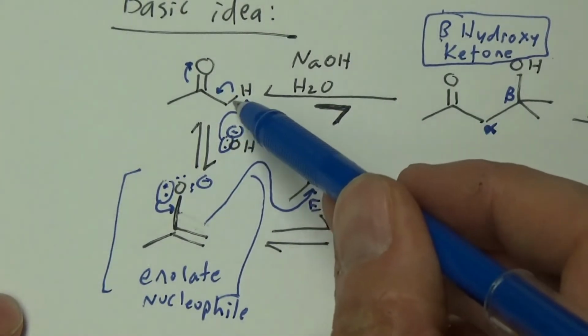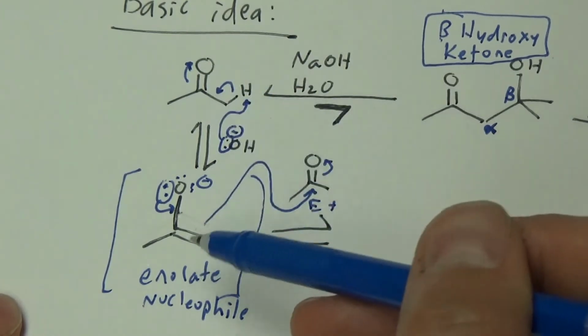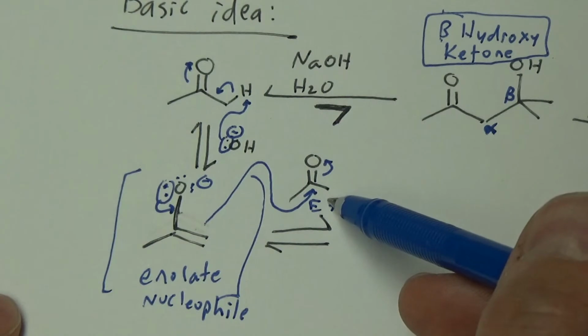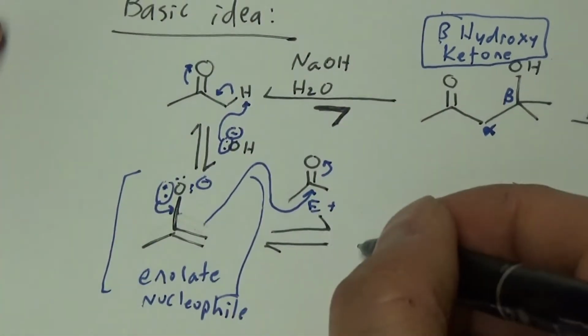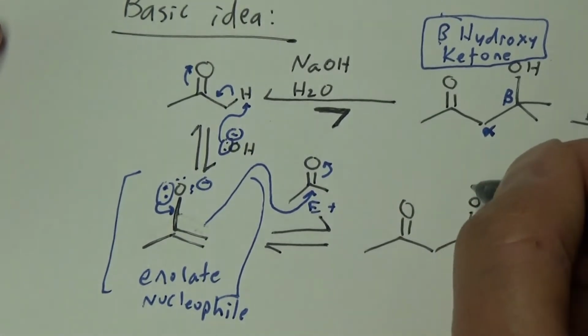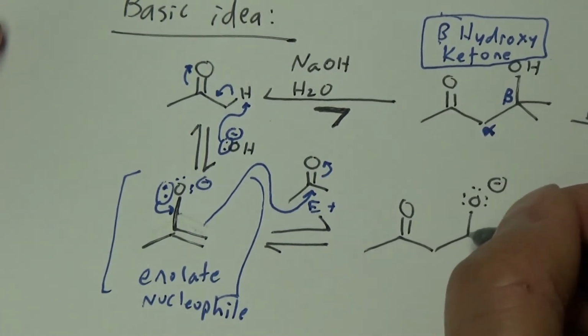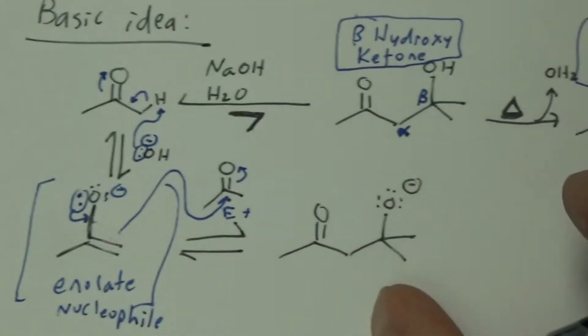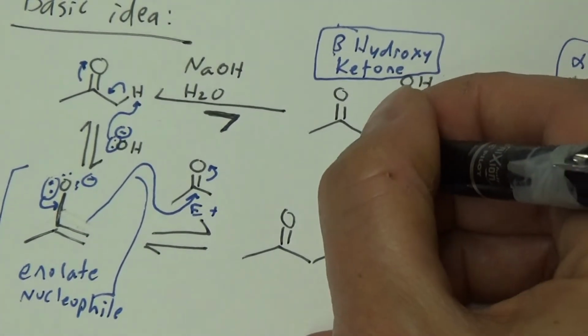So even though we just say acetone there, we have a lot of acetone. So some of it gets turned into nucleophile, attacks acetone as an electrophile, and that creates that. And how do we finish off this mechanism?